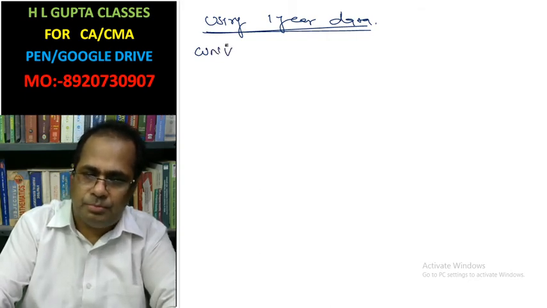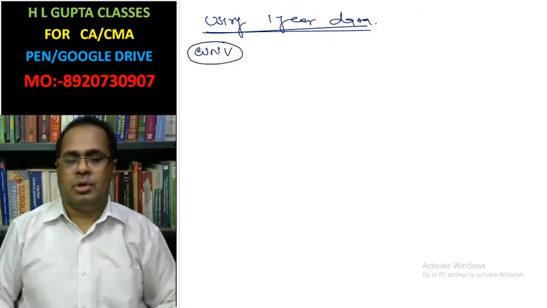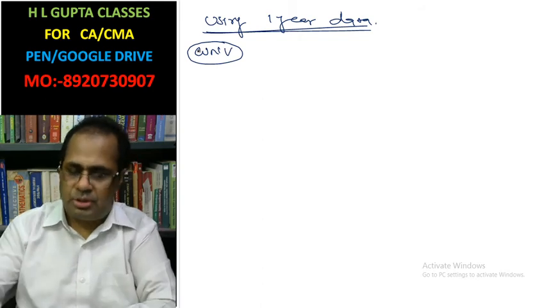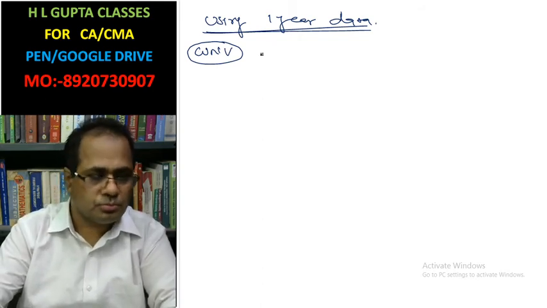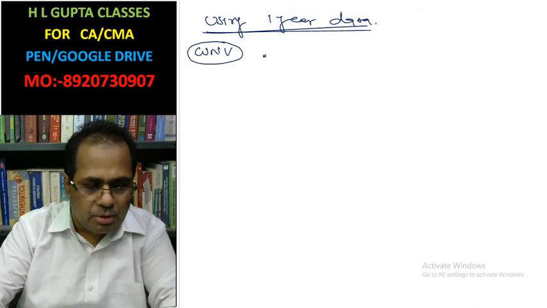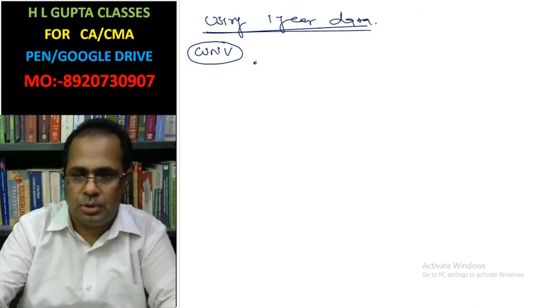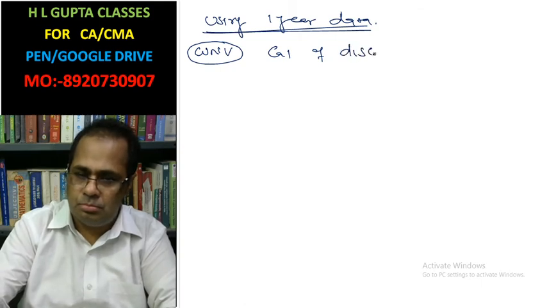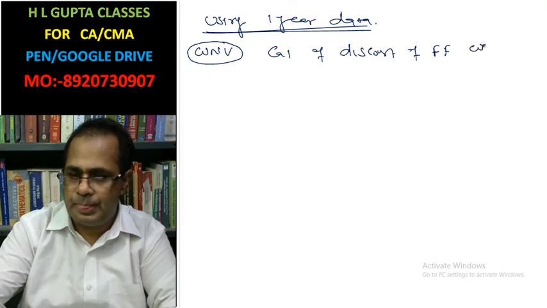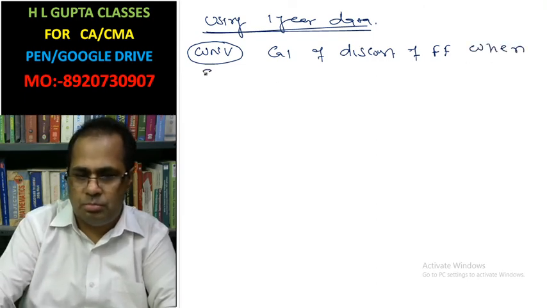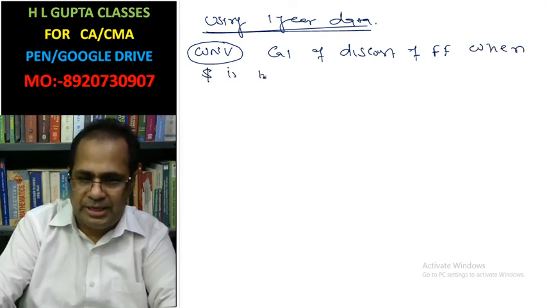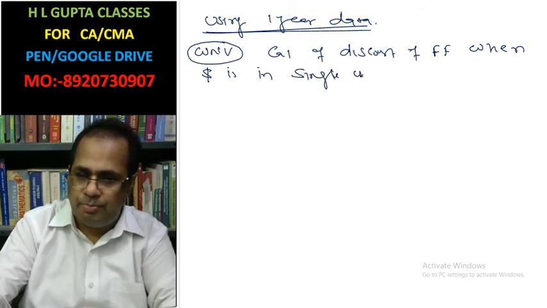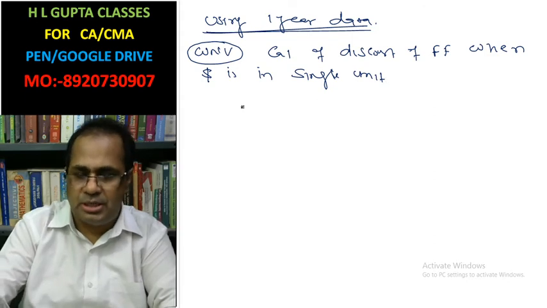Calculation of discount of French franc when dollar is in single unit. What is the formula when dollar is a single unit?